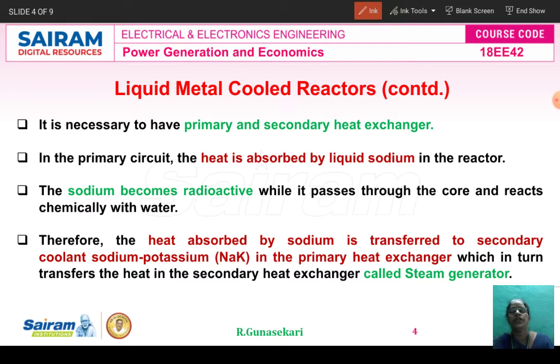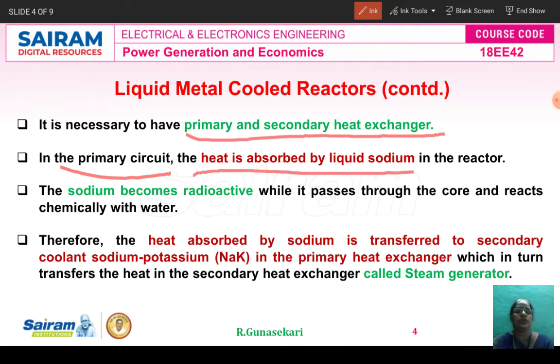It is necessary to have primary and secondary heat exchangers. In the primary circuit, the heat is absorbed by the liquid sodium, Na. The sodium becomes radioactive as it passes through the reactor core, and it reacts with water chemically.